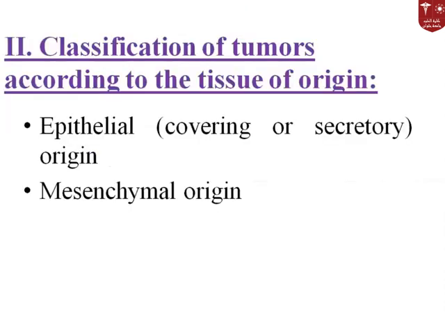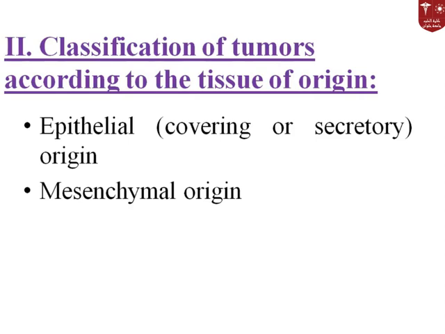Okay, so till now, we know some definitions about tumors like neoplasia, invasion, metastasis, differentiation, right? Angiogenesis also. After that, we classified the tumors according to behavior into benign tumors, malignant tumors, locally malignant or locally aggressive tumors, right?